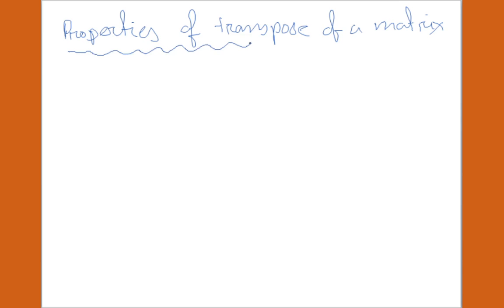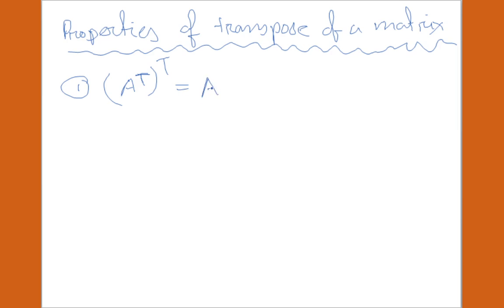So the first property is transpose of a transpose matrix. Transpose of the transpose of a matrix is equal to the original matrix.